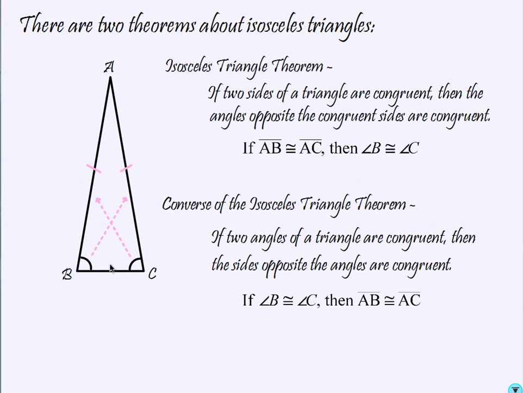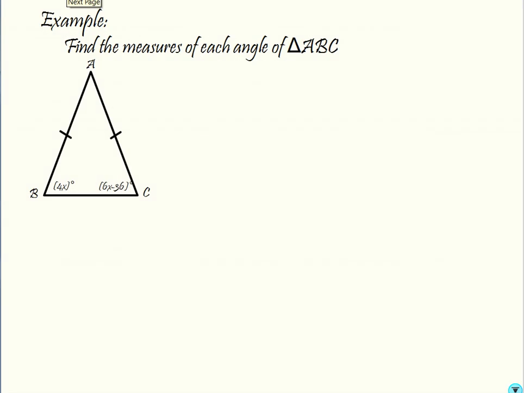So if angles B and C are congruent, then I can say AB and AC are congruent as well. That's going to help us out when we get to problems like this one, where I need to find the measures of all three angles of triangle ABC.